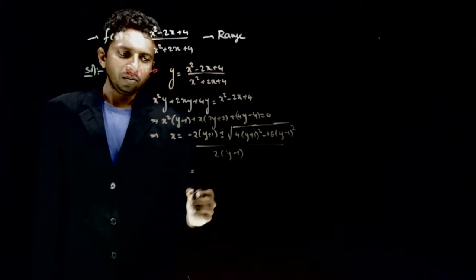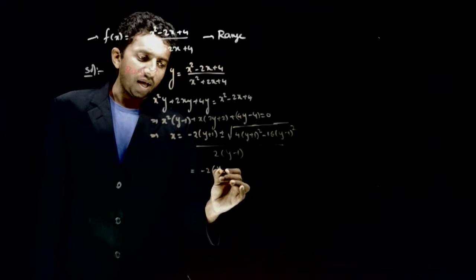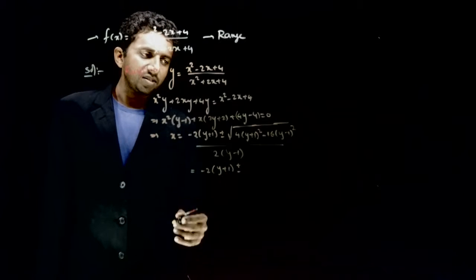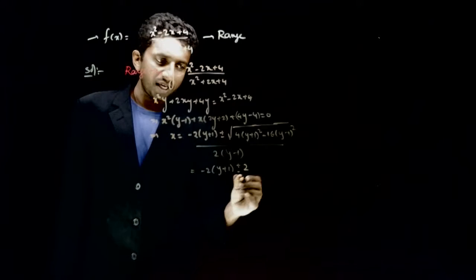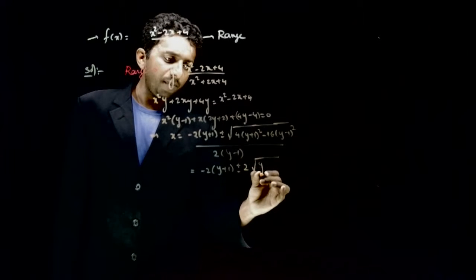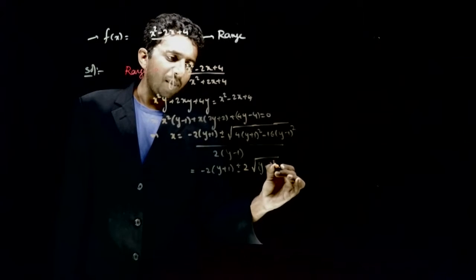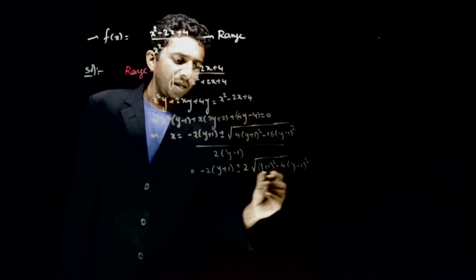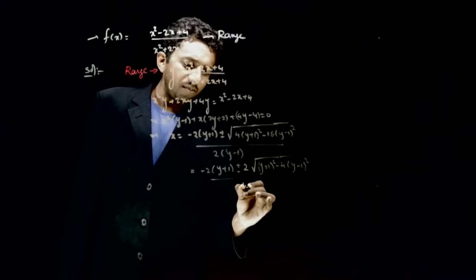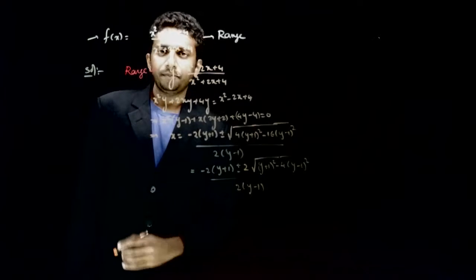So that is equal to minus 2 times (y plus 1) plus minus, यहाँ भी 4 है, यहाँ भी 4 है, so 4 बाहर आएगा, so 2 हो जाएगा, root of (y plus 1) whole square minus 4 times (y minus 1) whole square, divided by 2 times (y minus 1).